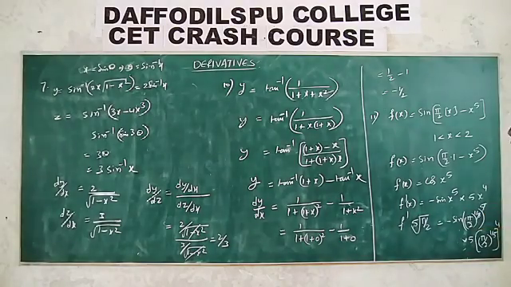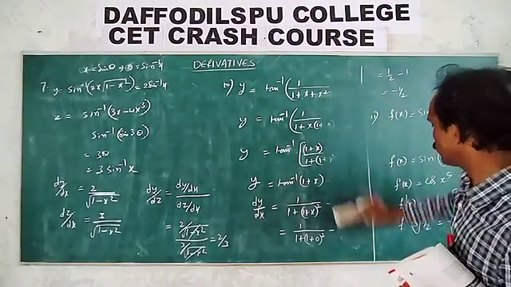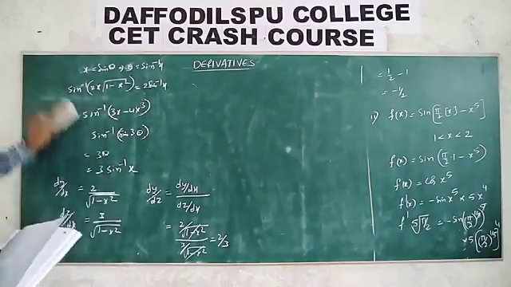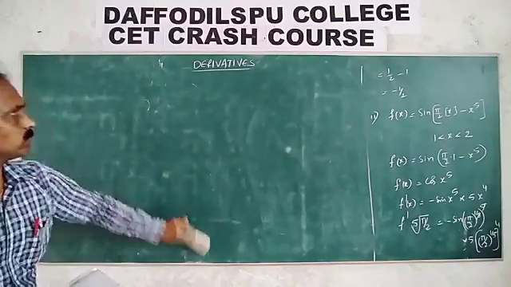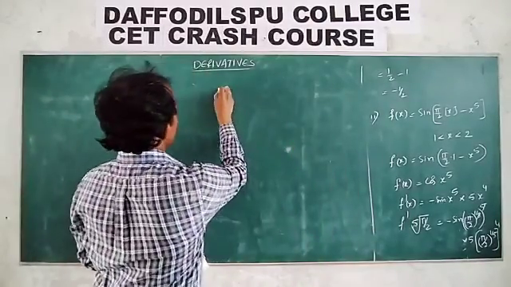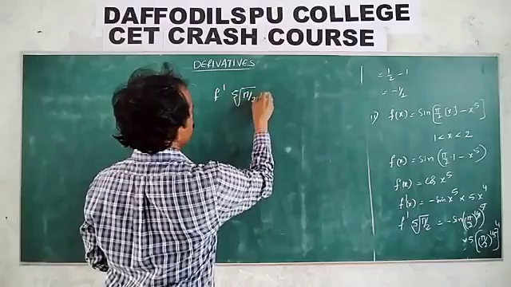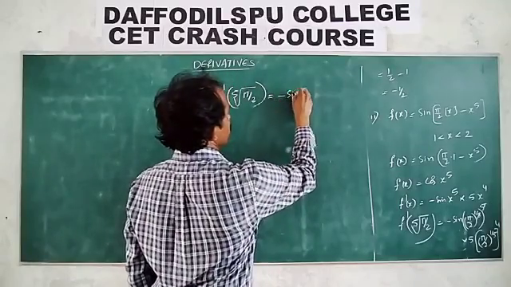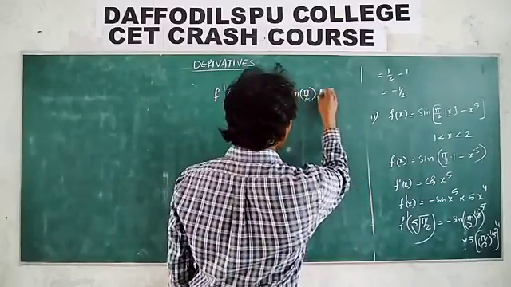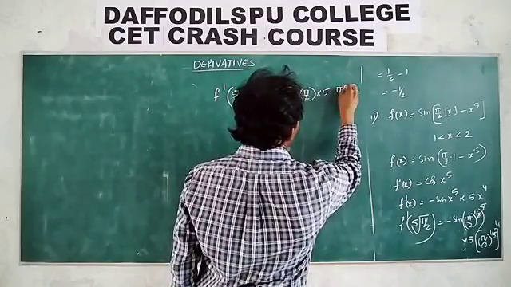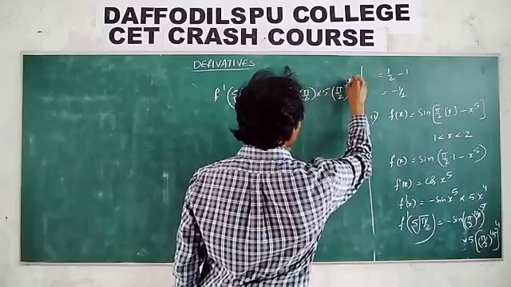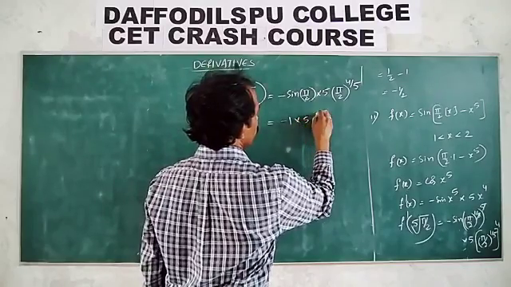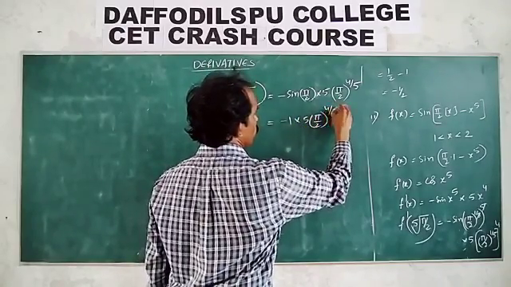So the 5s cancel. This gives minus sin pi by 2 into 5 into (pi by 2) whole to the power of 4 by 5.